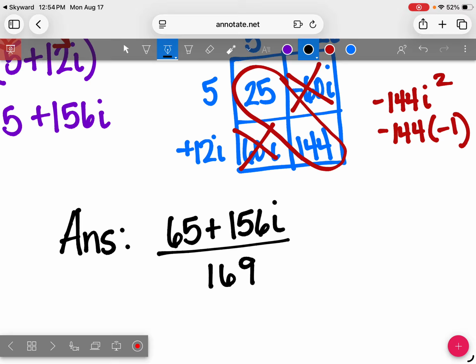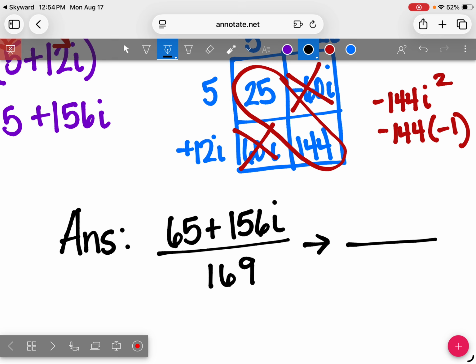Bigger than 3. Bigger than 7. Bigger than 9. 12. Close. 13. So go ahead and divide all of those numbers by 13.